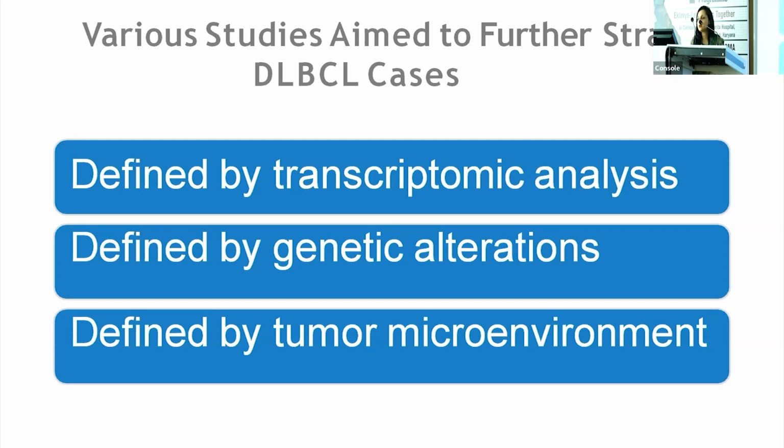One, as I told you, is by the transcriptomic analysis, for which the surrogate is IHC. Then it is defined by the genetic alterations, which we'll talk about, and also by the tumor microenvironment. As Dr. Nupur rightly mentioned, in lymphoma it is not only the cell, but the microenvironment is also important. So the classification is also different based on that.